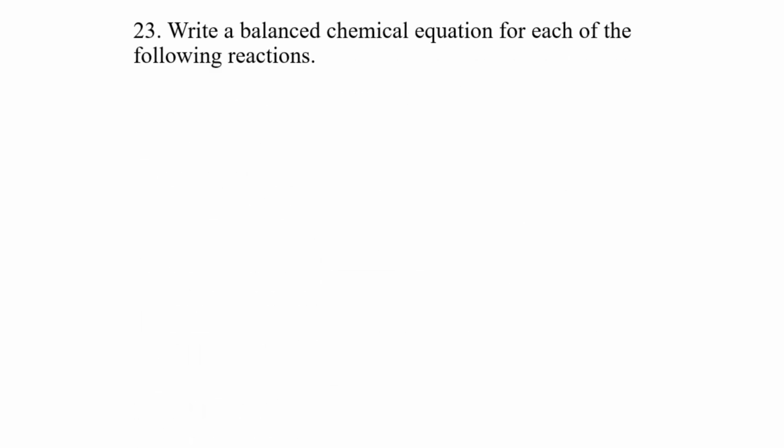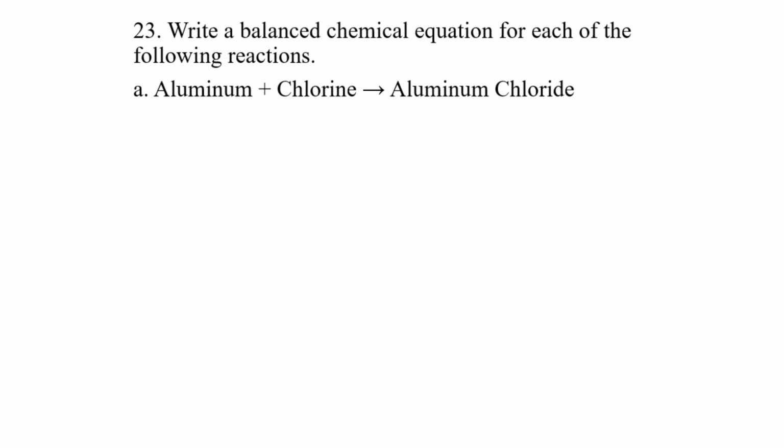Question number 23. Write a balanced chemical equation for each of the following reactions. Aluminum plus chlorine gives aluminum chloride. The correct balanced chemical equation for this reaction is 2Al plus 3Cl2 gives 2AlCl3.